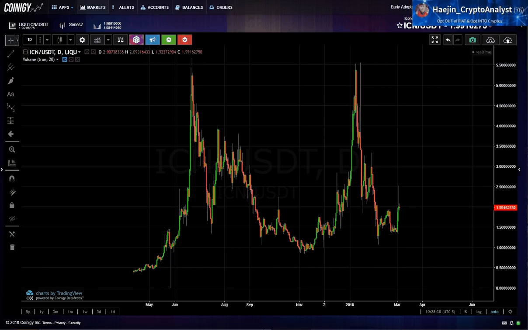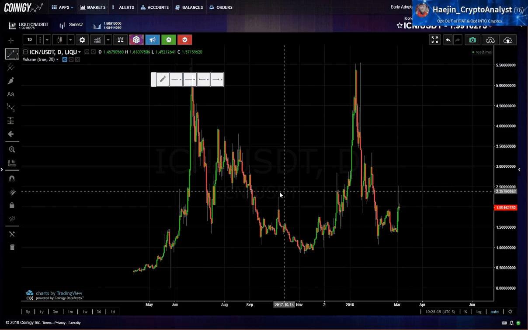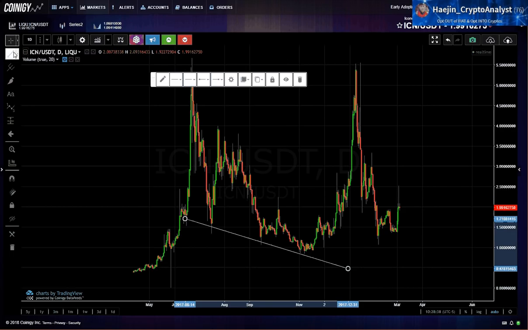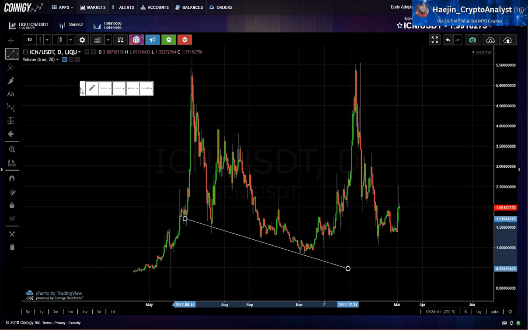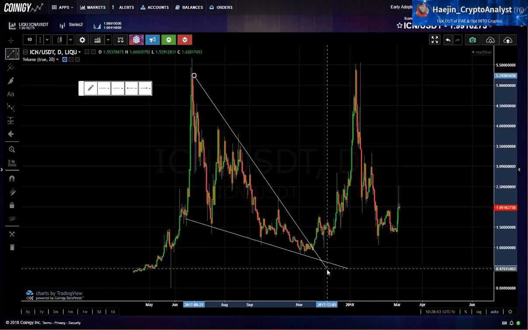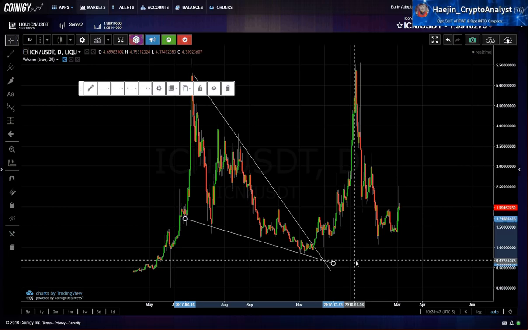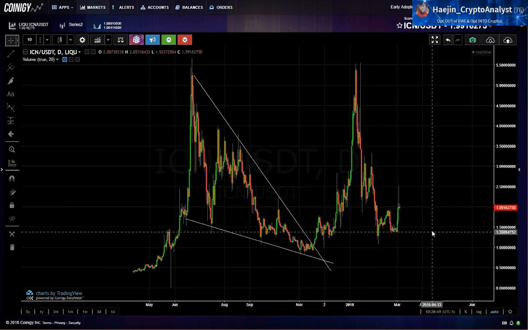So usually the first thing I do is I look for patterns. This one right here. And by now, you should be able to see that altcoins and Bitcoin, every crypto loves triangle patterns.